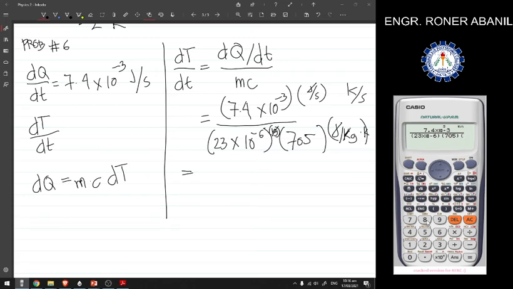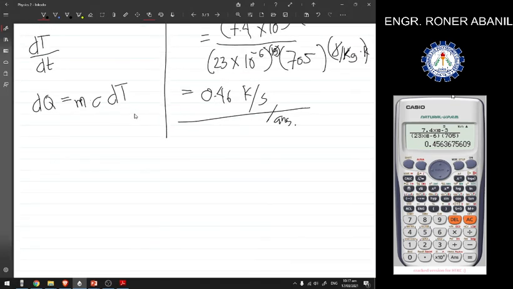So, what comes out here is 0.45 or 0.46 Kelvin per second. So, this is our answer. This is what is called the rate of temperature increase. Okay? 0.46.